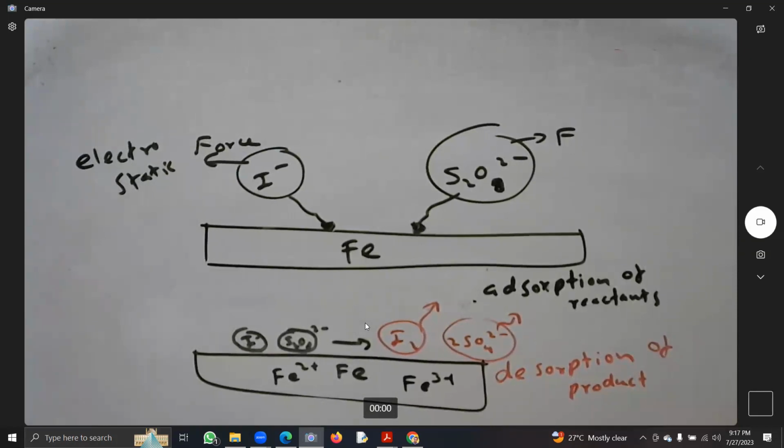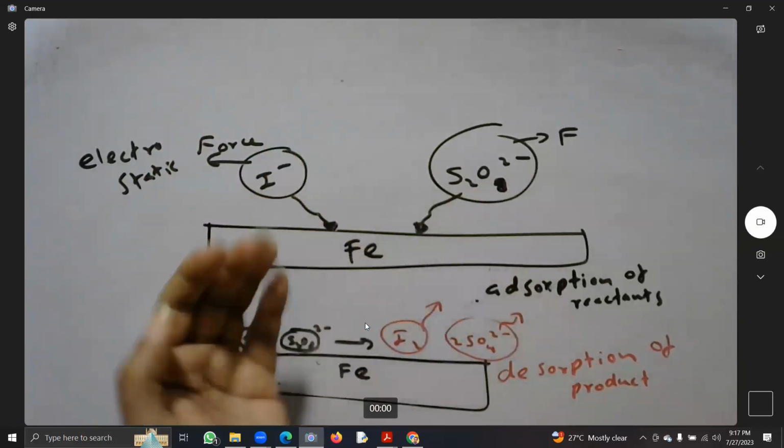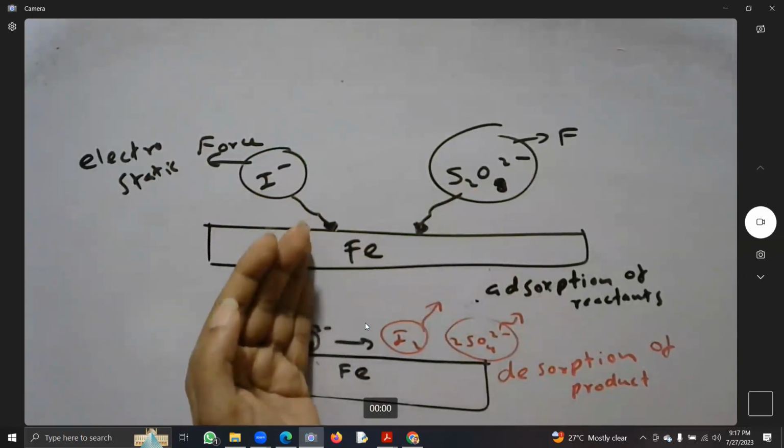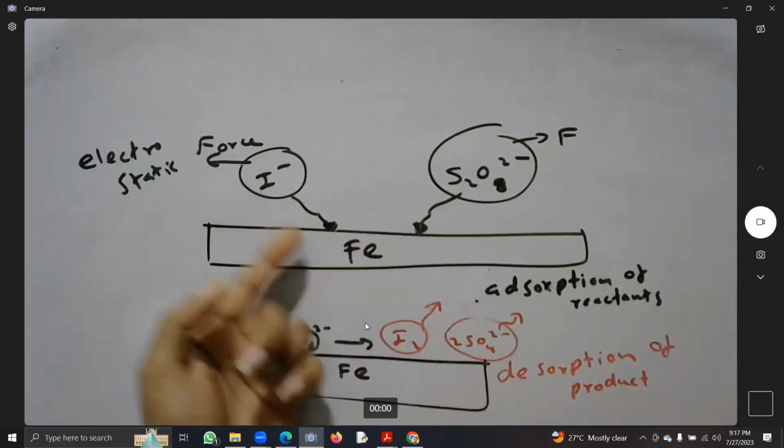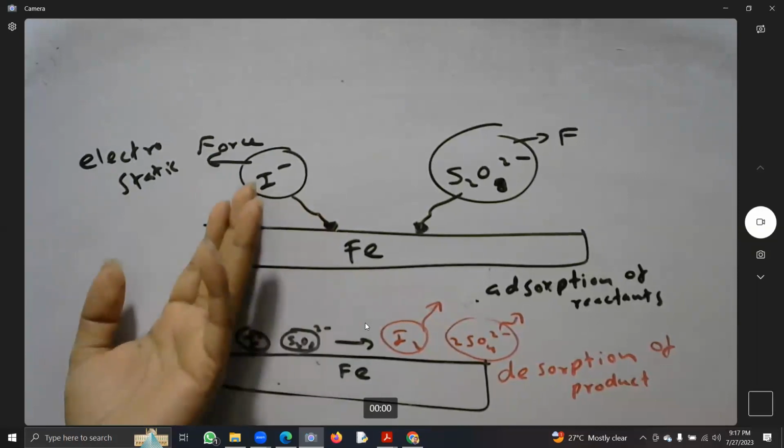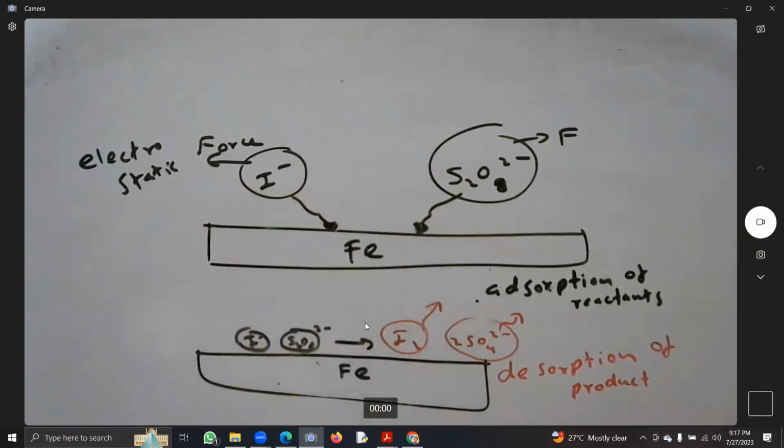That's why you cannot write a proper charge. Yeah, for the moment we don't. When he wants to react with him, he'll go from Fe2 plus to Fe3 plus. For him, it's a different story like that.